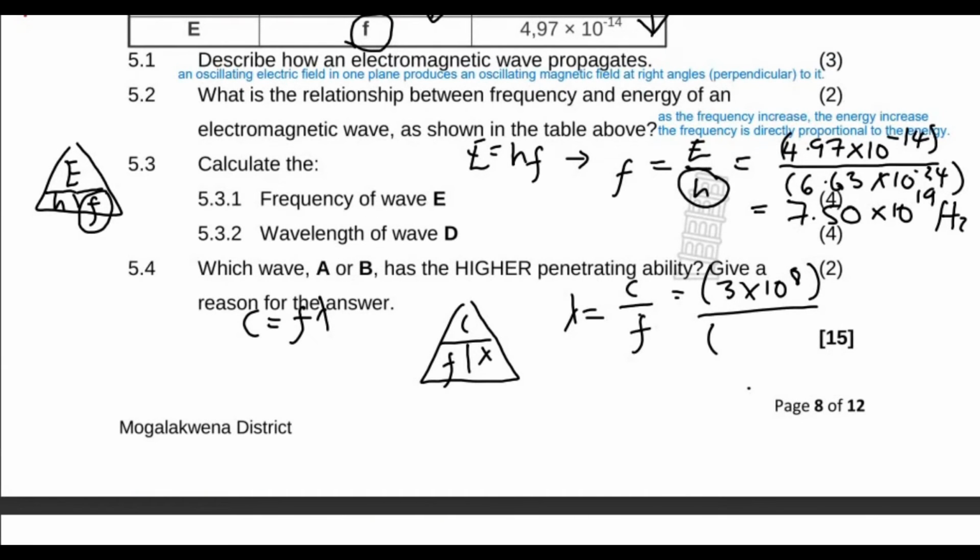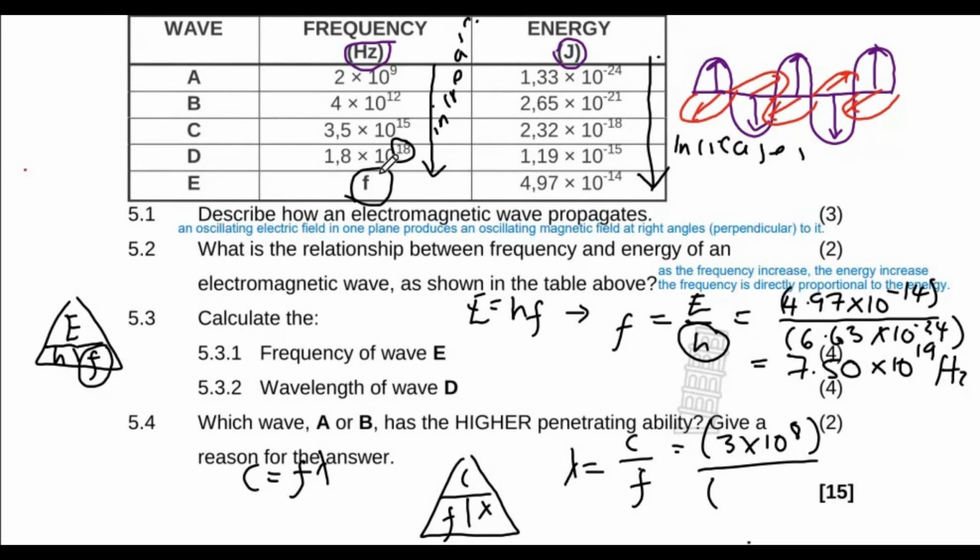What's the frequency of D? The frequency of D is actually 1.8 multiplied by 10 raised to the 18. So how much is that going to be?